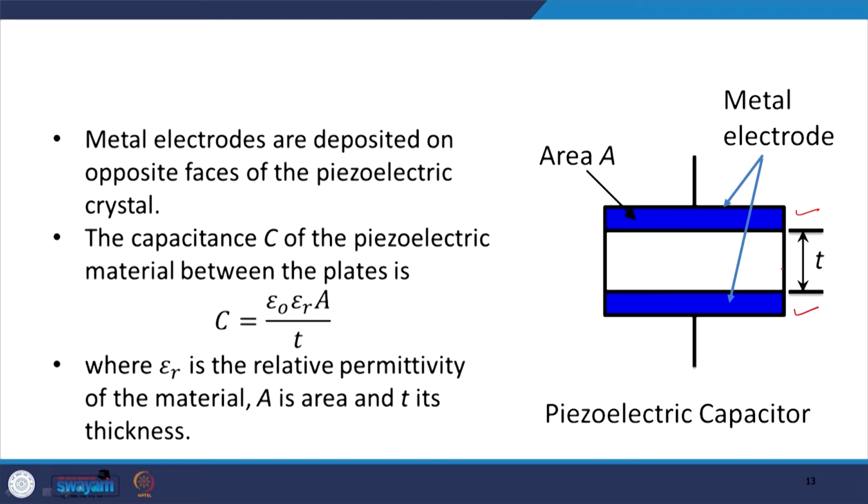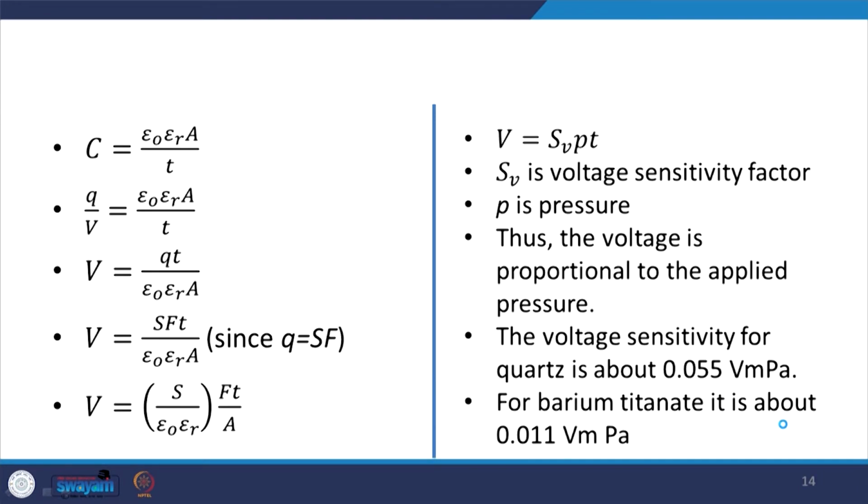Then the capacitance of the piezoelectric material between these two plates can be given by epsilon 0 epsilon r A by T, where epsilon r is the relative permittivity of the material, A is the area of these plates, and T is the thickness. So, by putting the metal electrodes we are forming a piezoelectric capacitor, and the capacitance of this capacitor can be given by this expression.